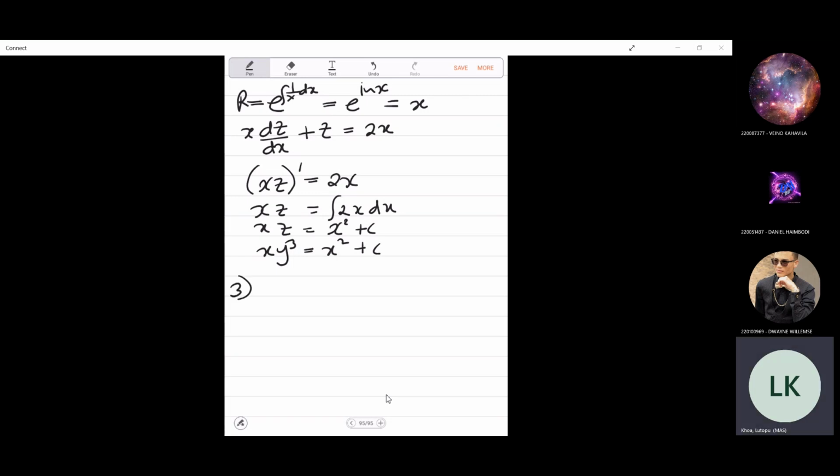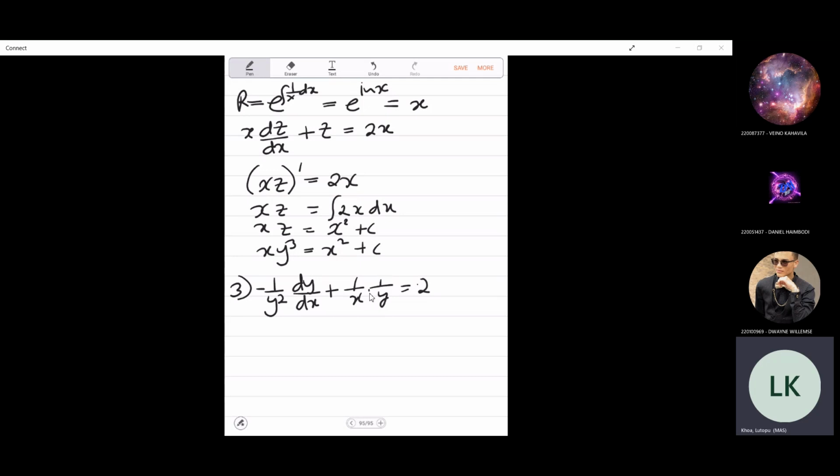With 3, minus 1 over y squared dy/dx plus 1 over x times 1 over y is equal to 2. So again, you look at this function here, when I differentiate it in terms of y, I get negative 1 over y squared. So I can make z equal to this.